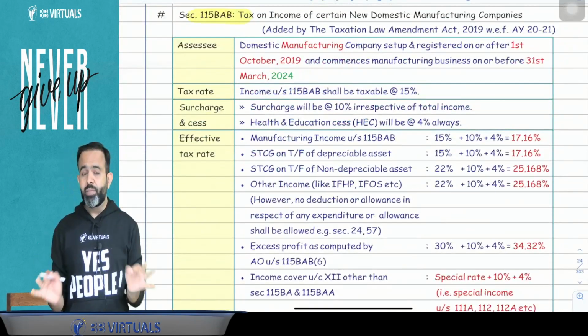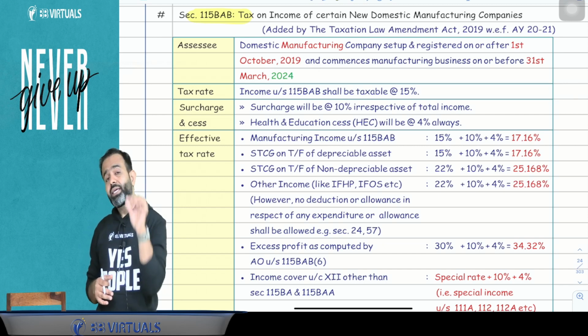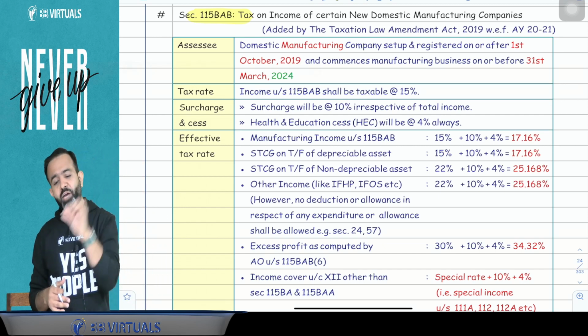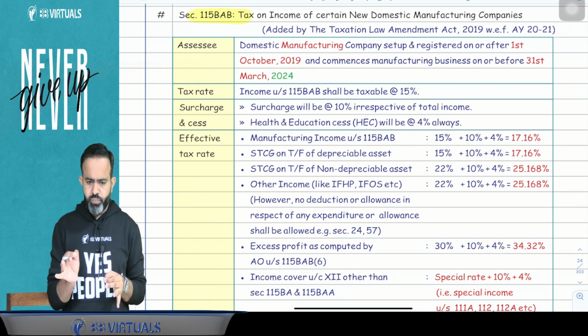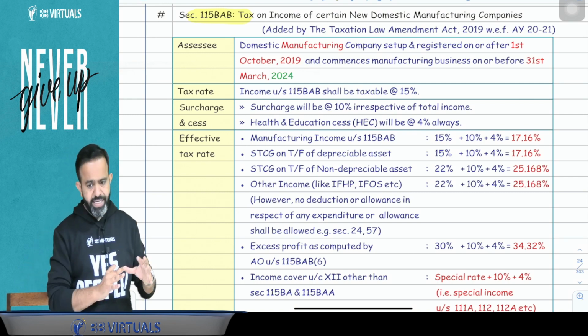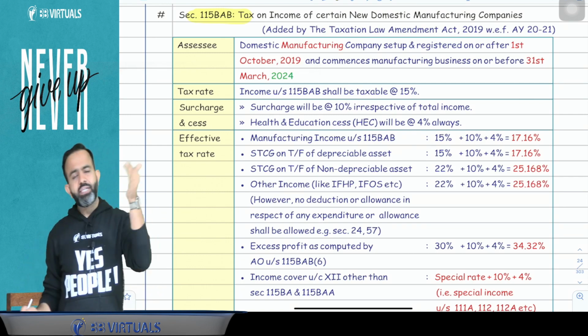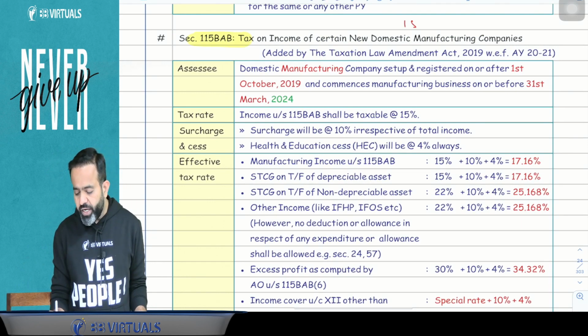Now 115BAB is a very interesting section. This section says that in the case of a new domestic manufacturing company, just focus on my words, there is a new domestic manufacturing company. So in the case of a new domestic manufacturing company, your tax rate will be only 15%.